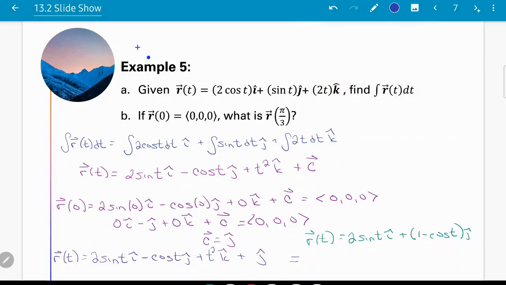That is a t squared, and so that's a plus t squared k hat. And your question at the end of the video is going to be to find the vector when t equals pi over 3.